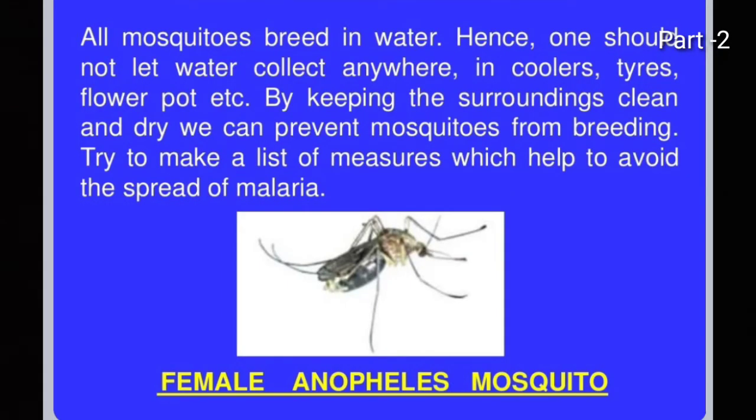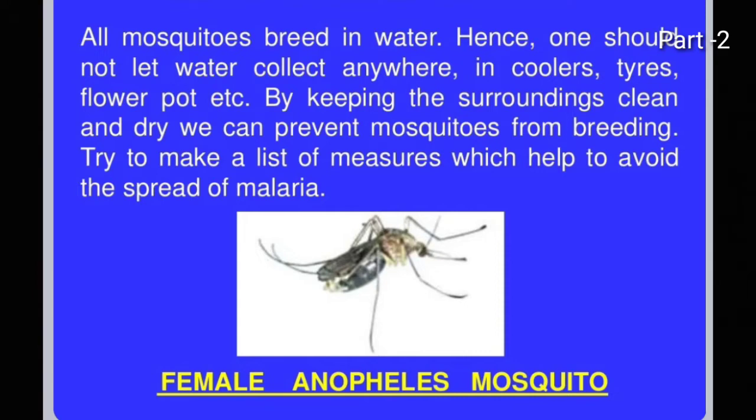All mosquitoes breed in water, as we all know. Hence one should not let water collect anywhere. There should not be stagnant, that is standing, water anywhere, because some insects develop in that stagnant water only.